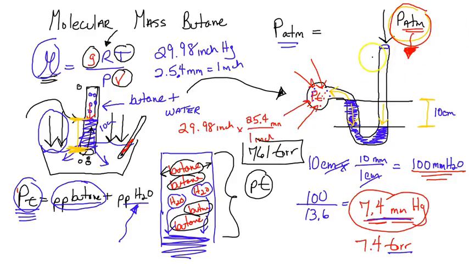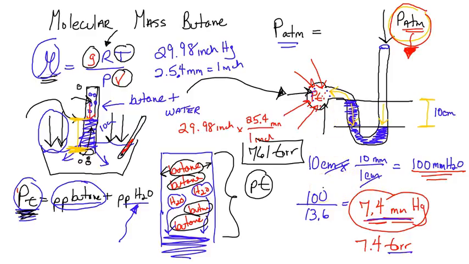So you know the pressure pushing down. This side is losing by 7.4. So to find the pressure of the mixture of water and butane, at the same place here, what I'm going to do is subtract 7.4. The atmospheric pressure is winning by 7.4, so to find the total pressure value, I'm going to subtract 7.4.